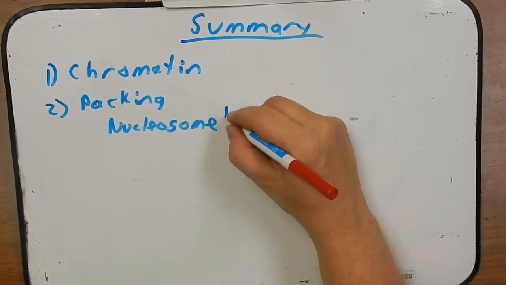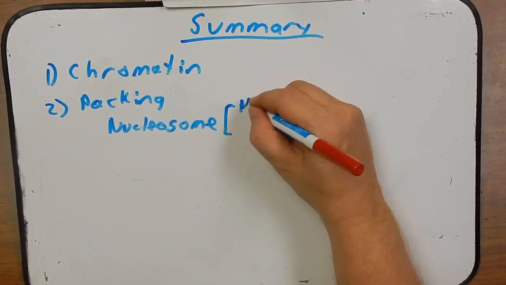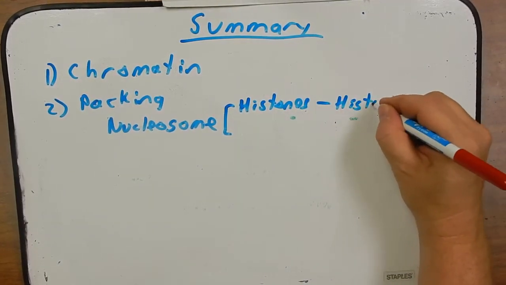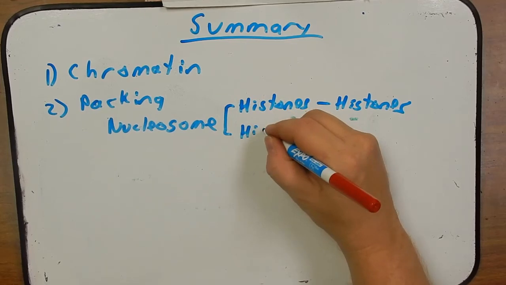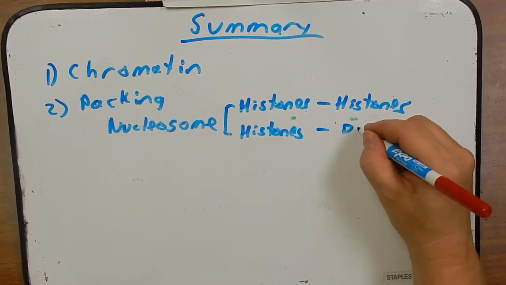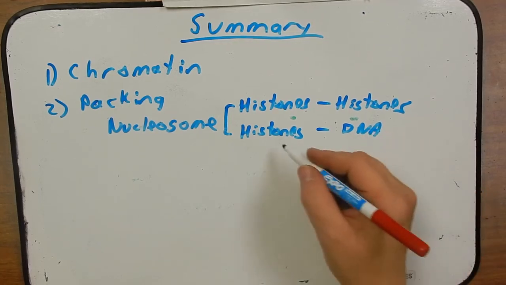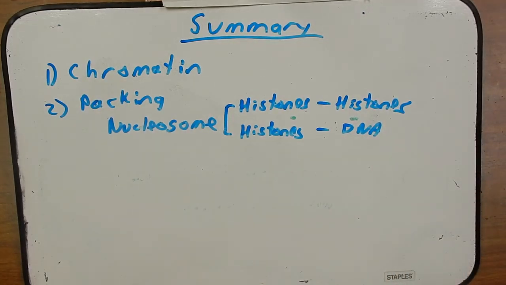We talked about those special interactions between histones and other histones, using those histone folds. We talked about how histones interact with DNA and how features of the DNA sequence and the phosphate backbone are important in interacting with the histones.